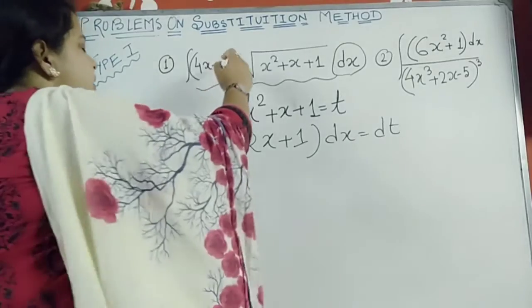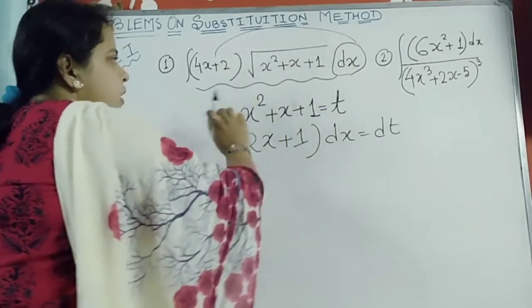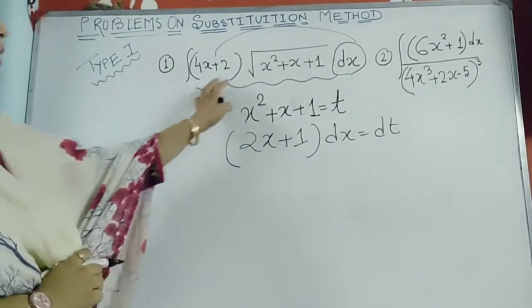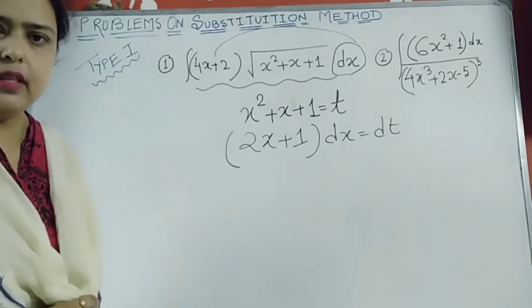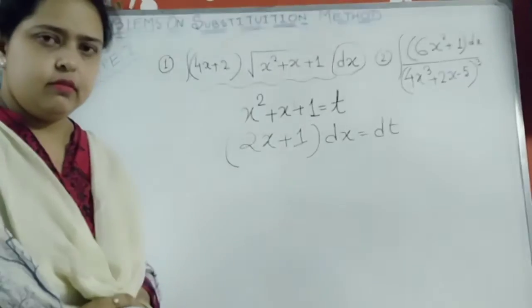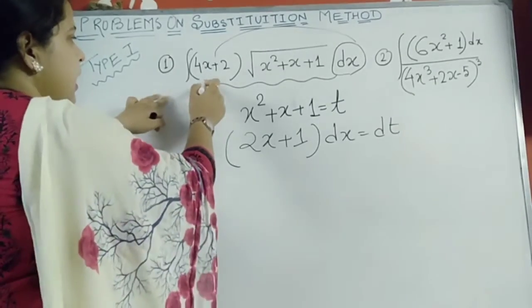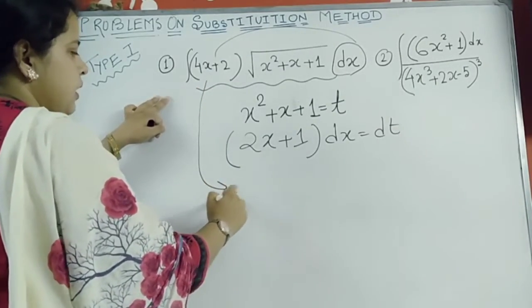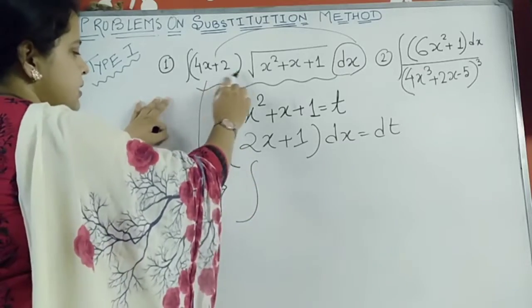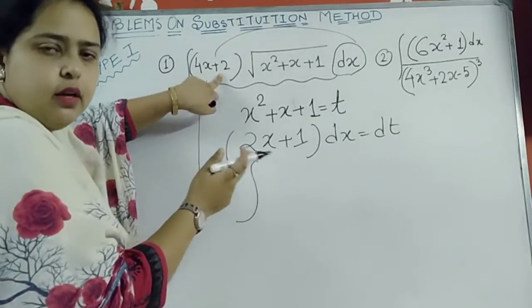See children, we are getting something very close to the other two things present in the integration. So what is missing? Can I write this particular integration as, take a 2 common from it? What are you going to get?